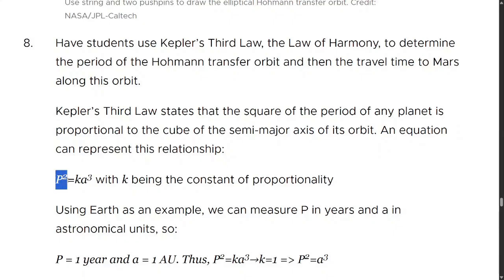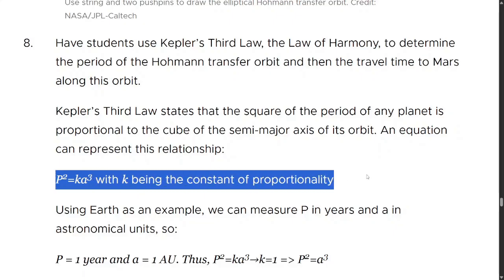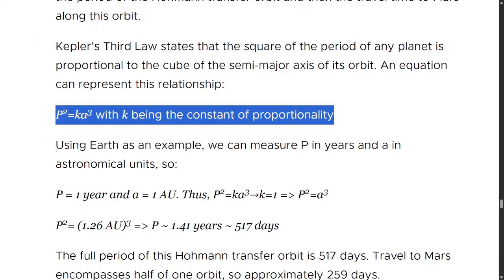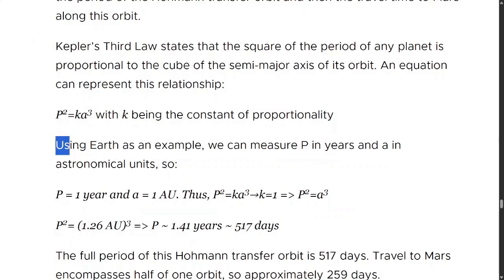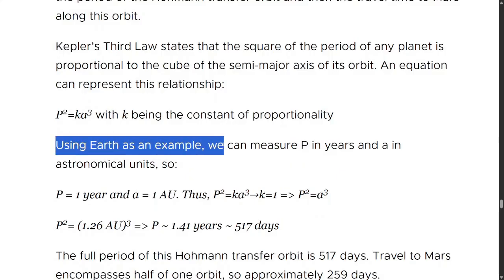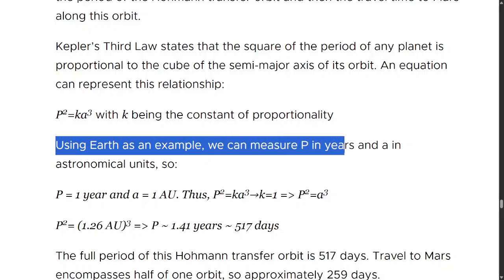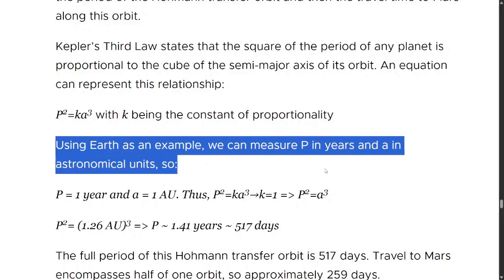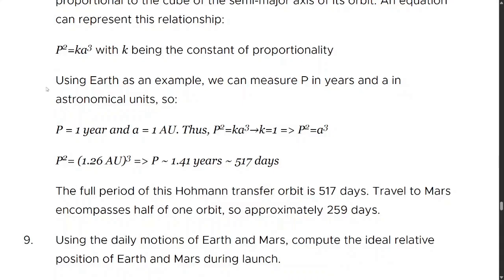So p squared is equal to k times a cubed, with k being the constant of proportionality, which this article assumes is 1. Using Kerbin as an example, we can measure p in Kerbin years and a in Kerbin units. In this example, they use Earth years and Earth astronomical units.